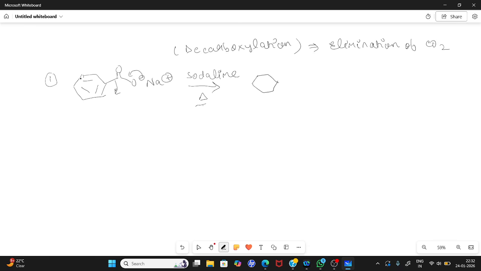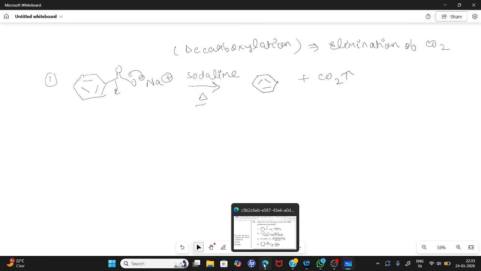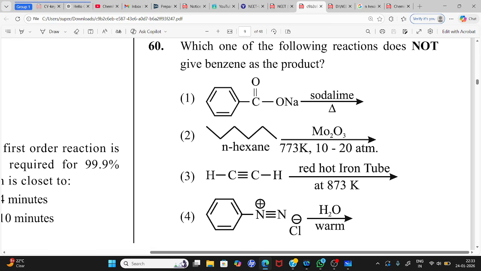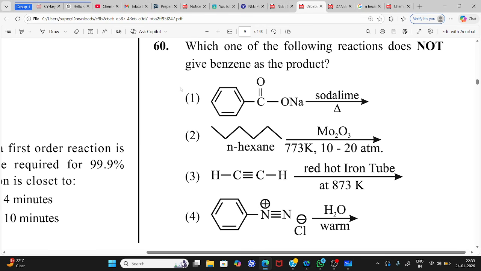And you typically get only the benzene ring with CO2 evolution as the byproduct. So number one में तो benzene gives the product is benzene. तो ये तो number one को आप छोड़ दीजिए because the question says which of the following reactions does not give benzene as the product. So first one में we are getting benzene.